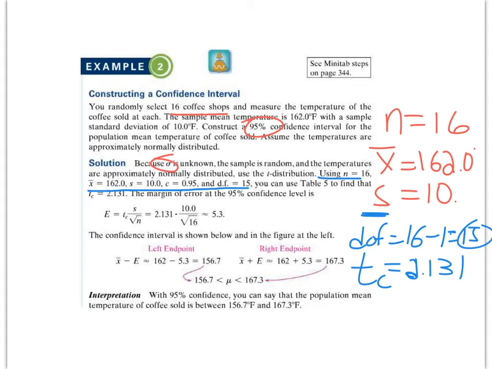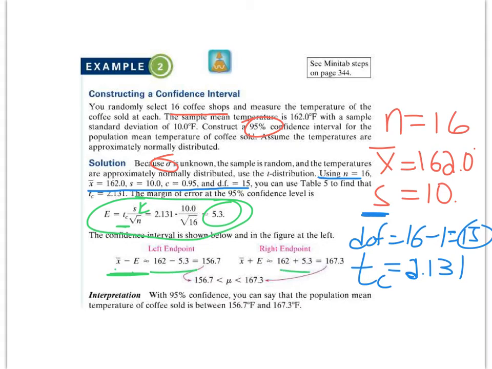So we plug it into our formula, and this is our formula right here: t sub c times the sample standard deviation divided by the square root of n, and we get 5.3 for our approximate margin of error. That's like the plus and minus value. To find our left endpoint, we take the sample mean and subtract our margin of error: 162 minus 5.3 is 156.7.